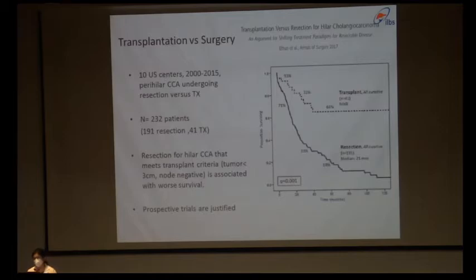They found that patients who underwent transplantation had a good overall survival of 64% at 5 years as compared to 18% in the resection group. So patients who are eligible for transplantation should undergo transplantation and not resection, because there is worse survival in patients with tumors less than 3 centimeters and node negative who are eligible for transplantation and underwent resection.